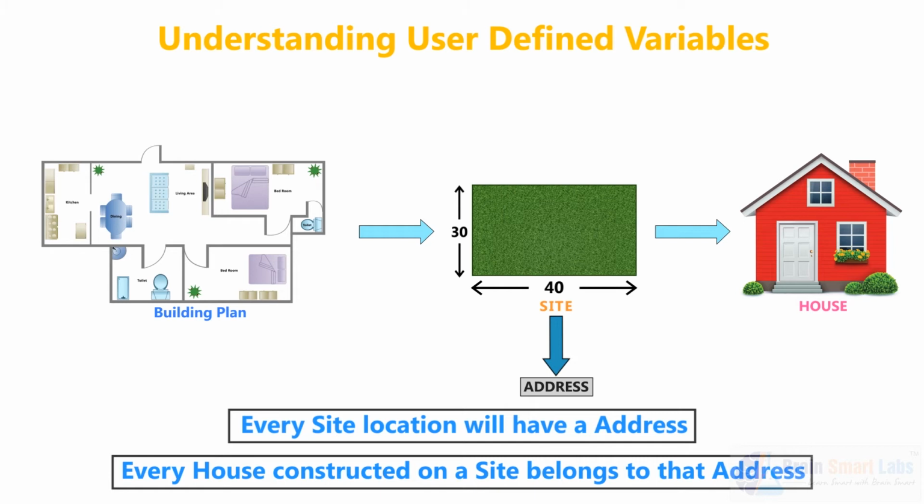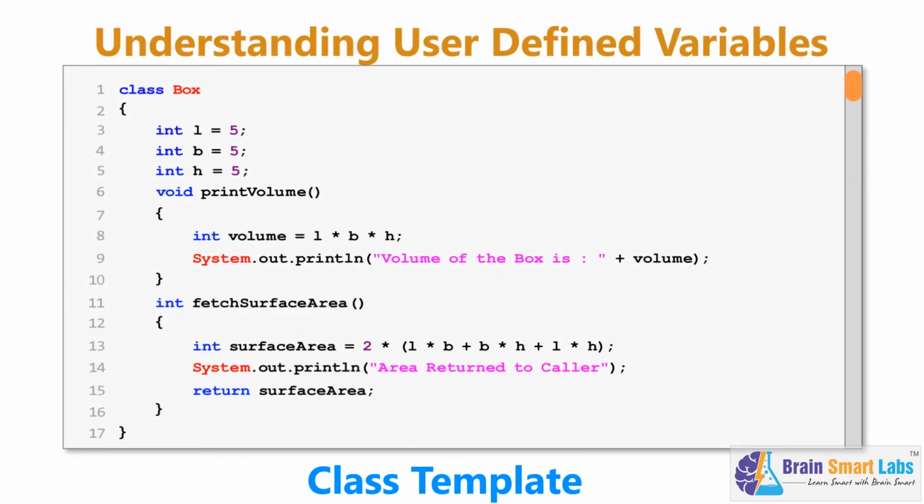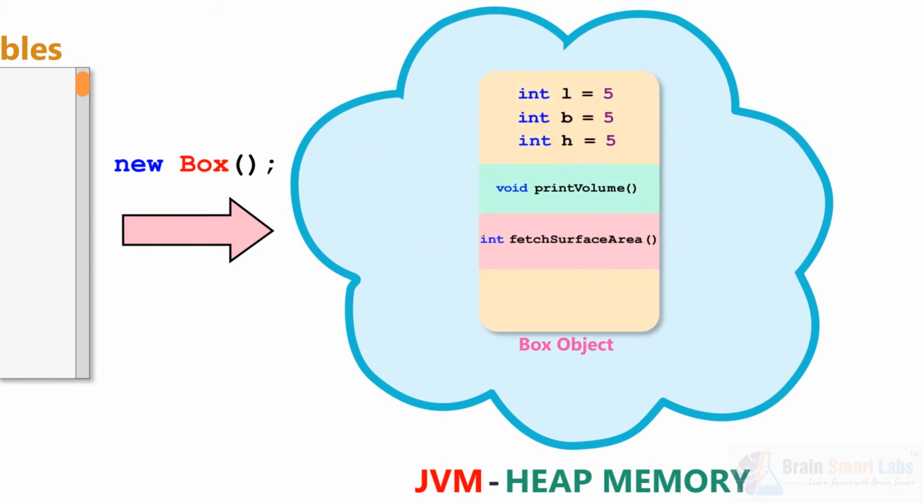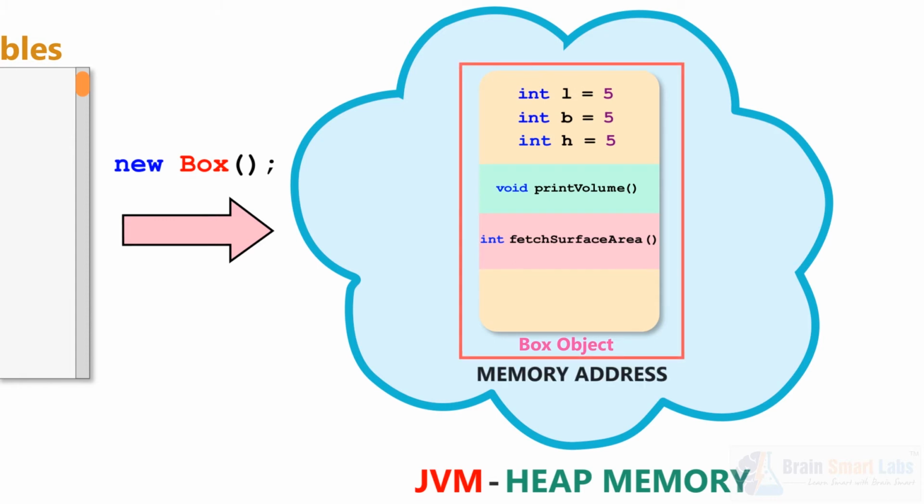If we relate the same example for creating an object, a class template in Java is nothing but a plan which describes how our object should be. When we create an object using the new keyword, a new object that gets created will be present in the location by name JVM heap memory. The object which gets created inside our heap memory will have a defined memory address location where the object is exactly present.